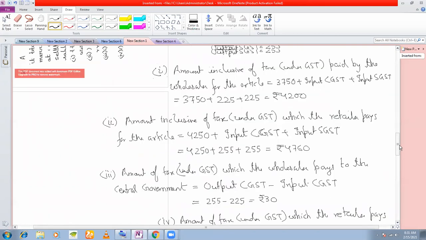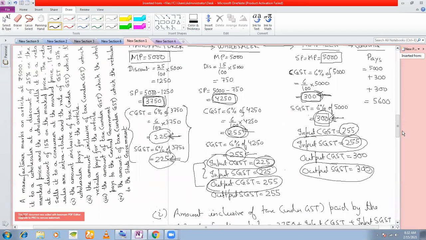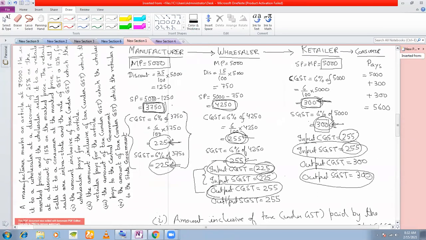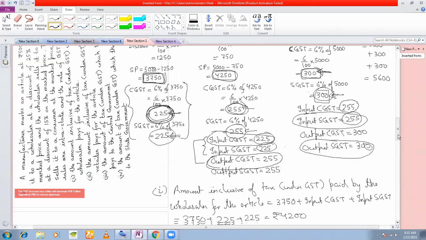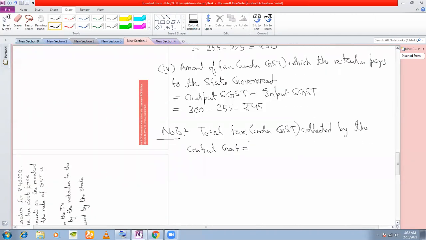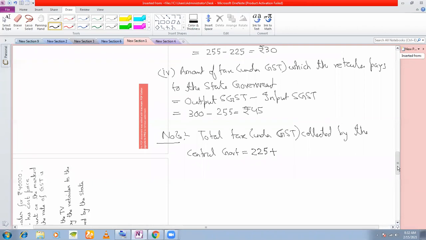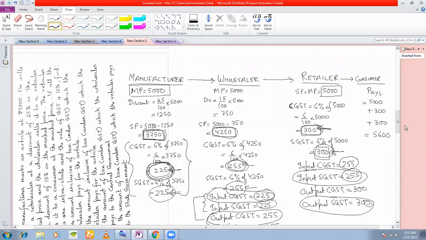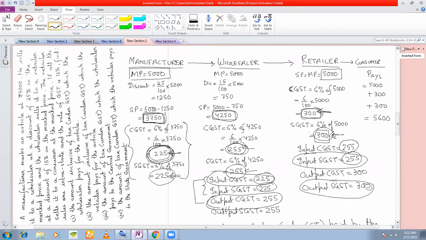We are talking about the central government, so we'll look at CGST. First of all, this 225 rupees, which the central government is getting from the manufacturer. Plus, how much tax is the wholesaler giving to the central government?